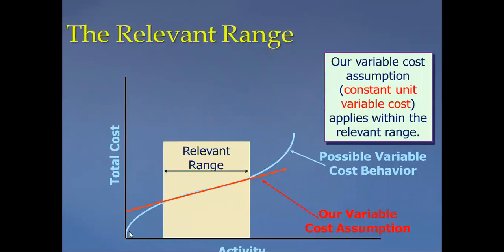Notice that here, this blue line is the variable cost behavior line. It's not really a straight line, but within a certain range, we assume that variable costs are going to be a straight line. Okay, and that's the assumption that we make. Again, we'll talk about this more later.